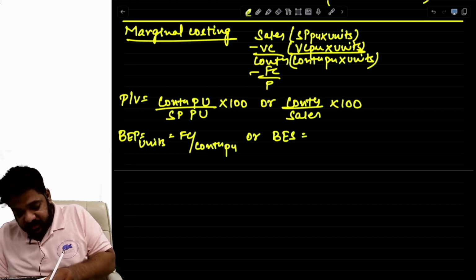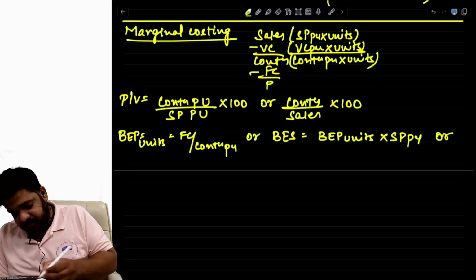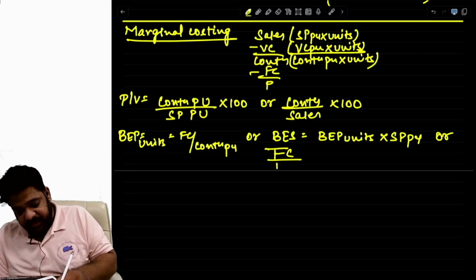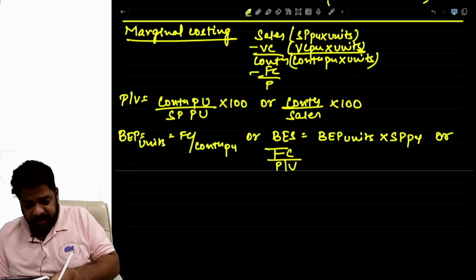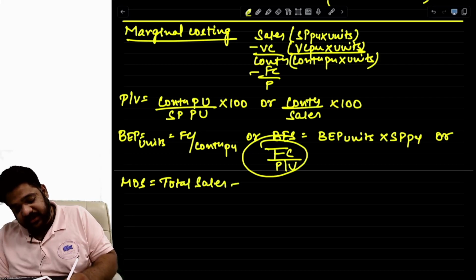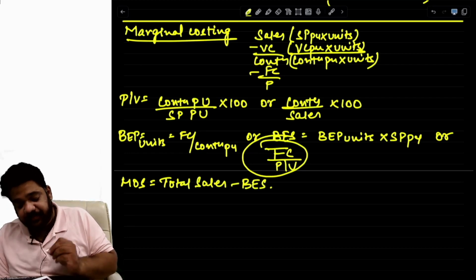The break-even sales will be either the break-even point in units into selling price per unit, or it'll be fixed cost upon PV ratio. We'll come back to this formula in a while. MOS sales: total sales minus break-even sales are MOS sales.